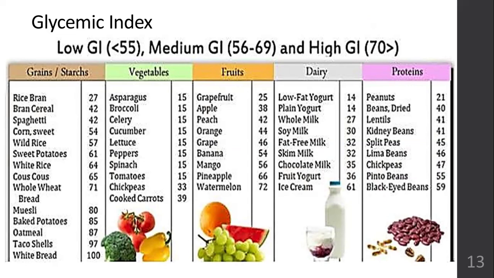So you can see all the fruits and vegetables and cereals which come under 55 are the ones you usually prescribe for a diabetic patient. So you can take a screenshot of it as well if you require.